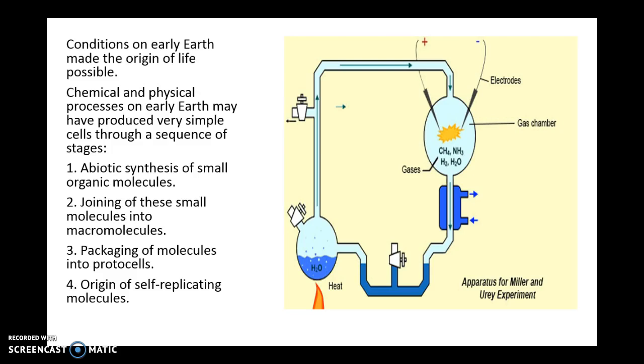You have abiotic, so without life, synthesis of small organic compounds, molecules. Then you have the joining of these small molecules into macromolecules, the packaging of the molecules into something known as protocells, and then the origination of self-replicating molecules. And we'll take each of these apart one at a time.